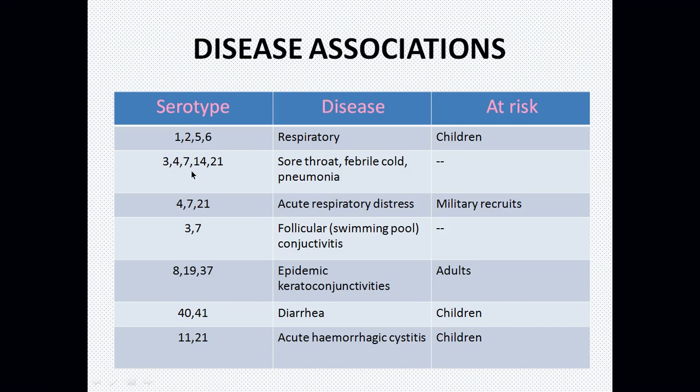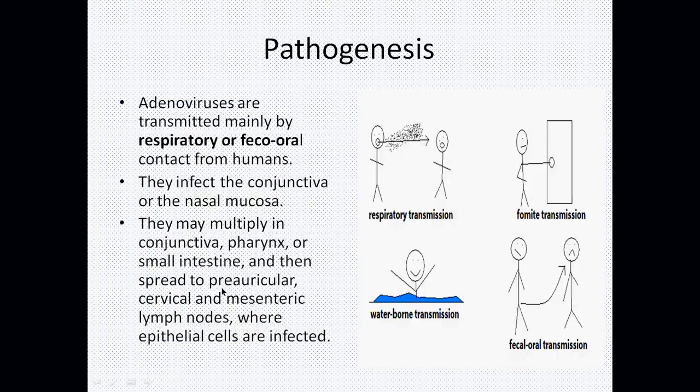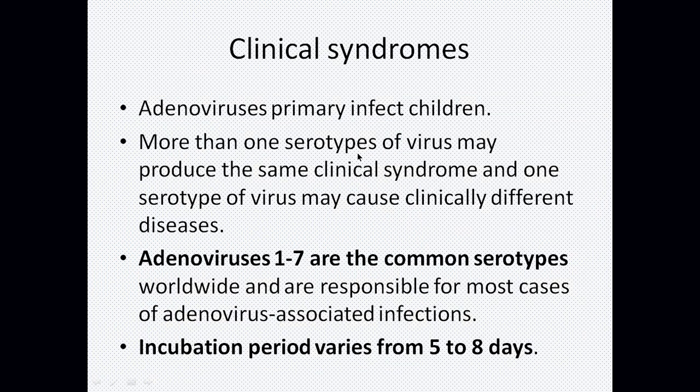A serotype may cause different types of diseases. For example, serotype 7 causes sore throat and also follicular conjunctivitis. So the rule is that more than one serotype of the virus may produce the same clinical syndrome, and one serotype of the virus may cause different clinical syndromes as well. So that we have to know.